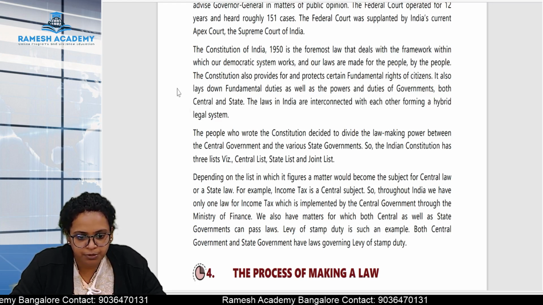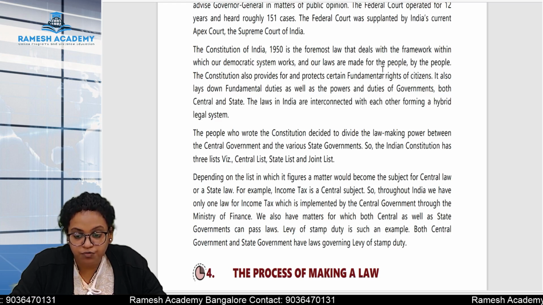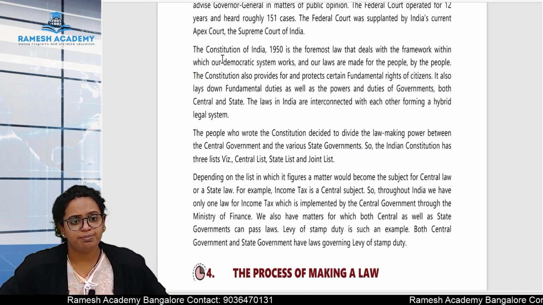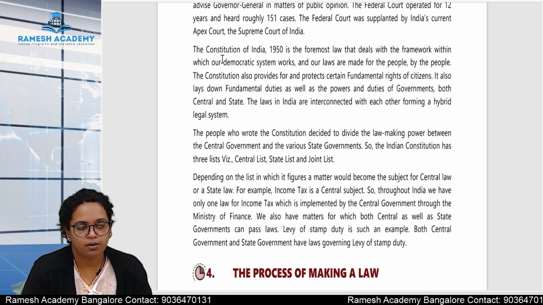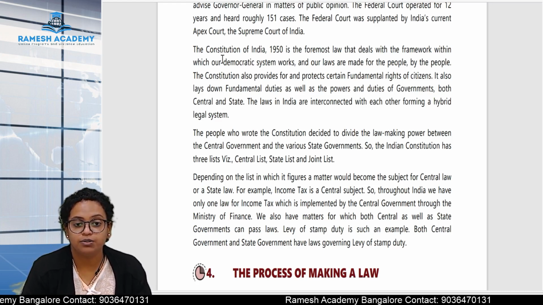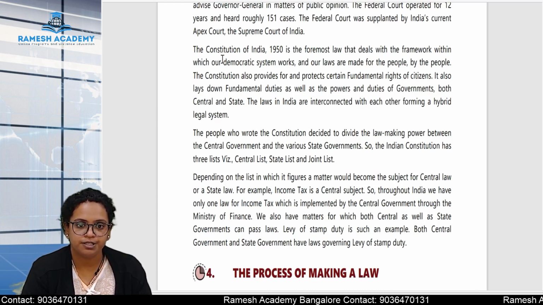It deals with the framework within which our democratic system works, and our laws are made for the people, by the people. Who makes the law? Law is made in the parliament and state assemblies. And who operates in the parliament? The representatives of the people.